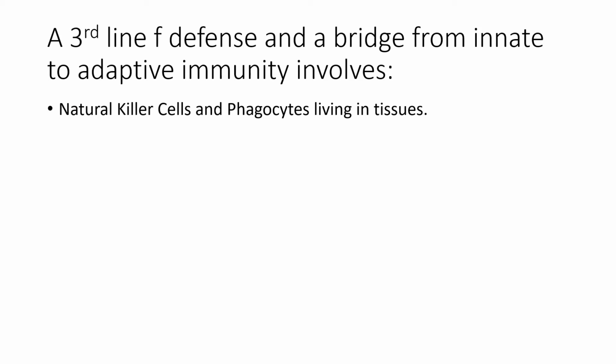So let's talk about this third line of defense first, and that there is, so to speak, a third line of defense of the innate immune system. We're talking about things that are innate, that just are there, ready to protect you. And we have these other cells lying in those tissues that we just talked about within the mucous membranes and subcutaneous tissues. We have natural killer cells and phagocytes.